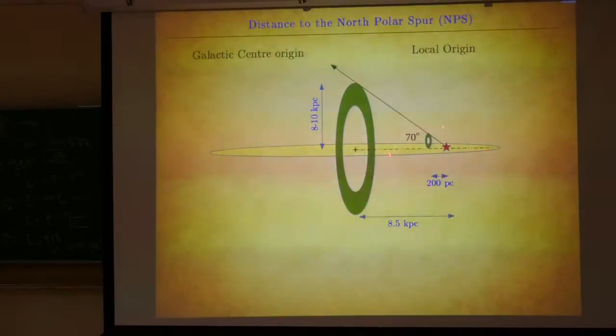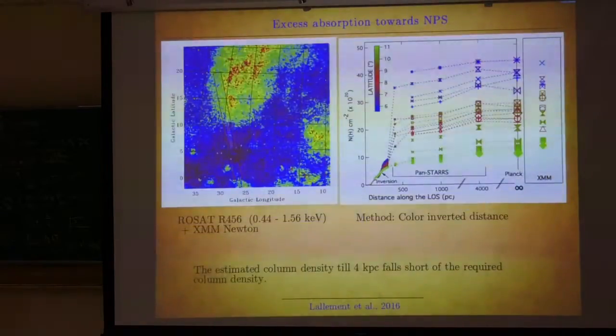In my opinion, the galactic center origin scenario seems more plausible. There are arguments for and against both of these scenarios, but in my opinion the galactic center origin is really very strong, and I say that for the following reasons. This map shows a ROSAT R4, R5, R6 map, and this is the base of the North Polar Spur. The North Polar Spur actually extends like this.